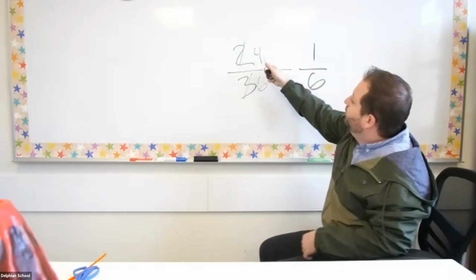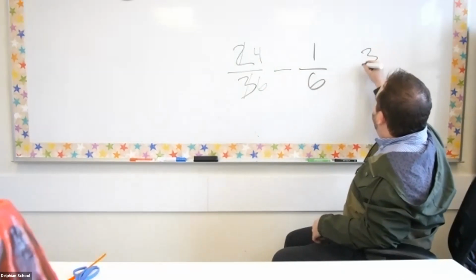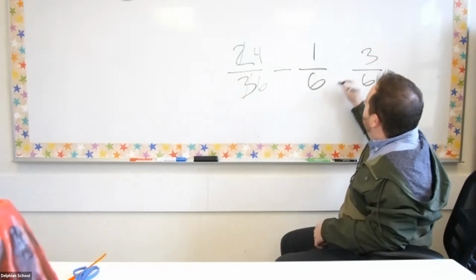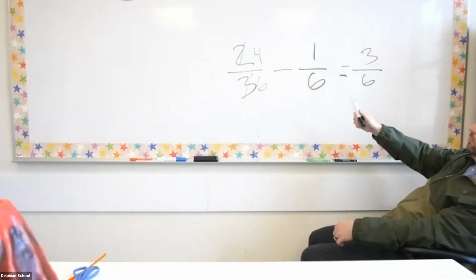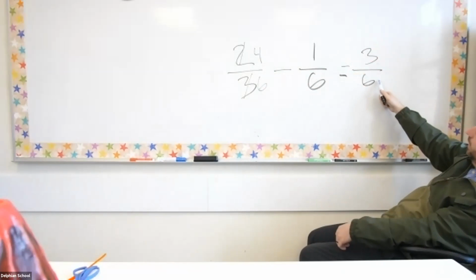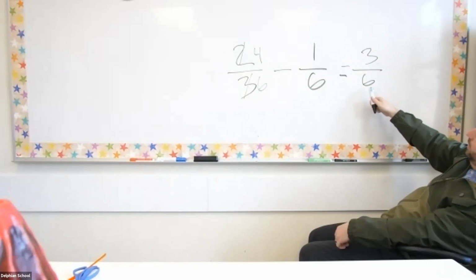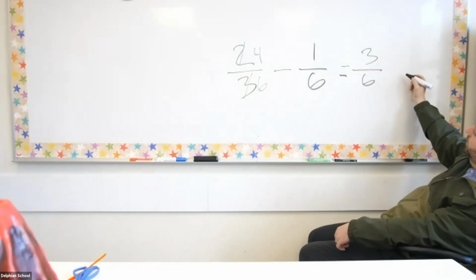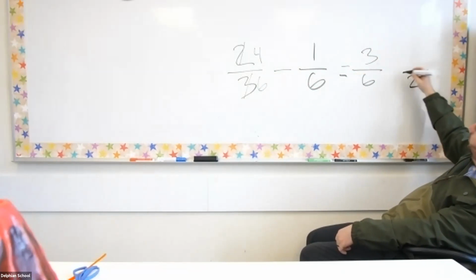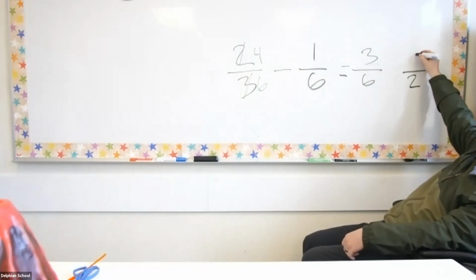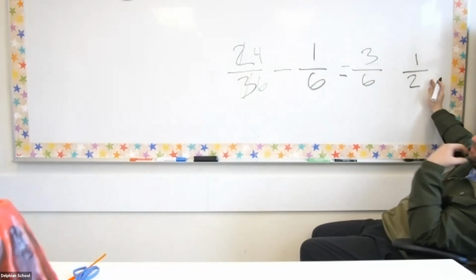All right, so now I do 4 minus 1, 3/6. So pretty simple. And then I could put that in lowest terms, which if I divide 6 divided by 3, I get 2, and 3 divided by 3 is 1. So that would be lowest terms.